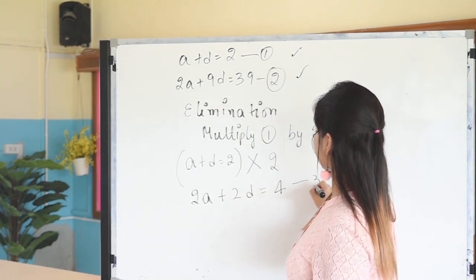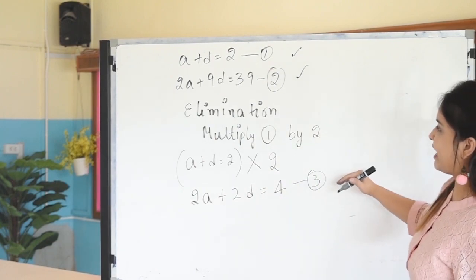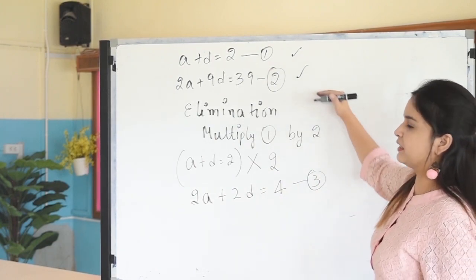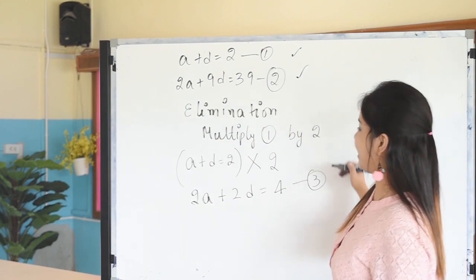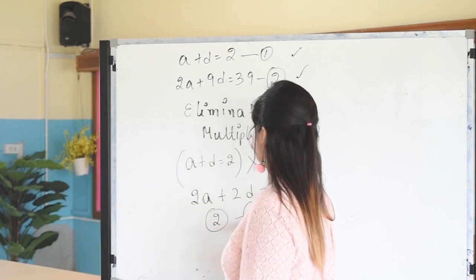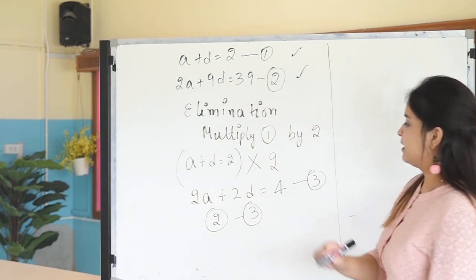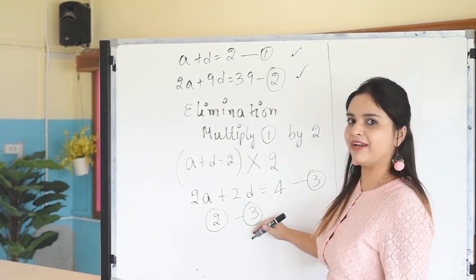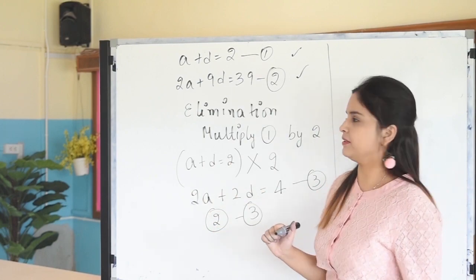Now this will be my equation number 3. Now I want to eliminate one of the unknown variables. So I can say 2 minus 3. Subtract my third equation from the second equation.